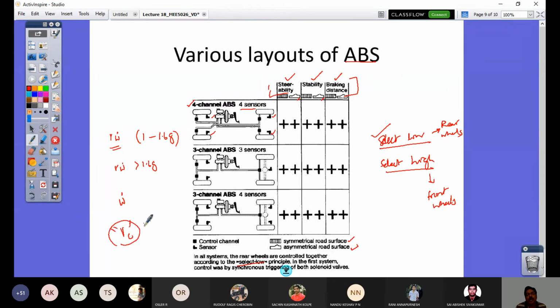You can measure omega by a pickup sensor. You can get omega dot, at what rate it changes. So I would be able to get this parameter because R is fixed. My preferred safer value is between 1 to 1.6 g. Whenever it goes beyond this, the modulator would reduce the brake pressure so that locking is prevented, right?